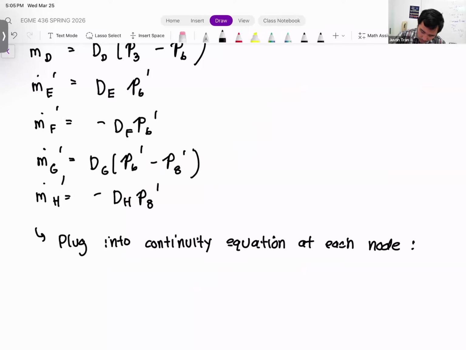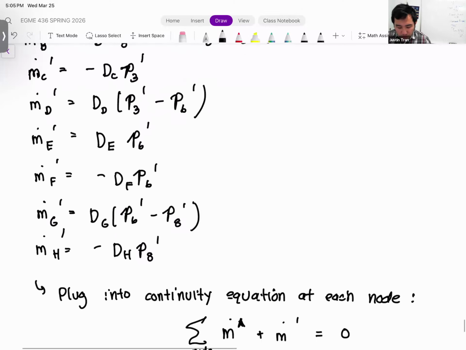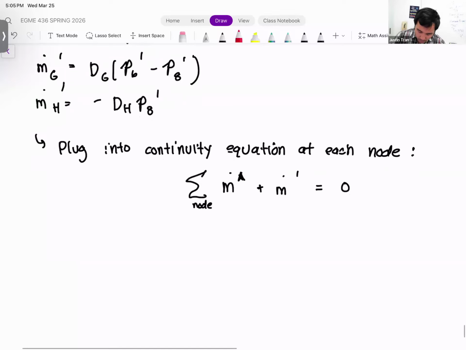Okay. All right, so our continuity equation is basically the summation along each node of m dot star, the non-conserving mass flow rates that we computed earlier in step 2, plus the m dot primes, which we just computed up here, and all that's going to be equal to 0. So let's modify this equation. Let's move this term over to the right-hand side.